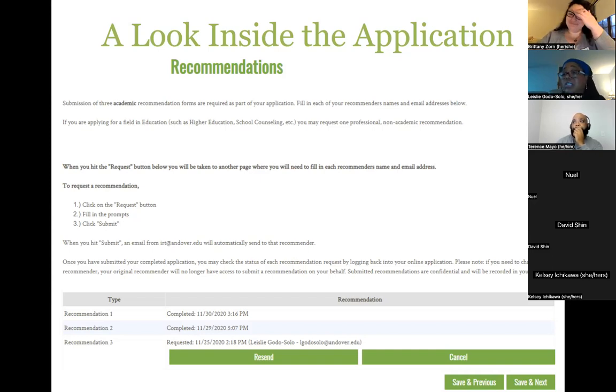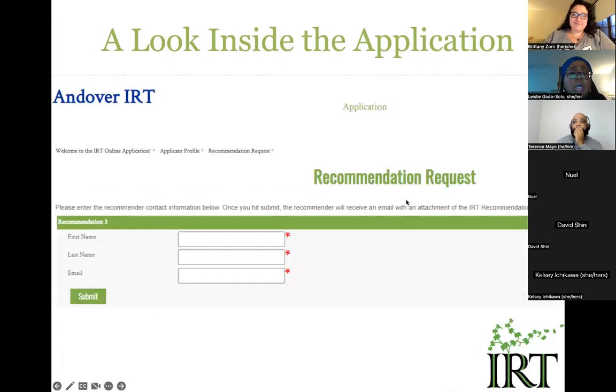And so if a professor tells you that they're not available to submit that letter, you can go back in and change the name and have a new prompt sent to a new professor. Okay, and so this is what it looks like when you click into one of those recommender slots.